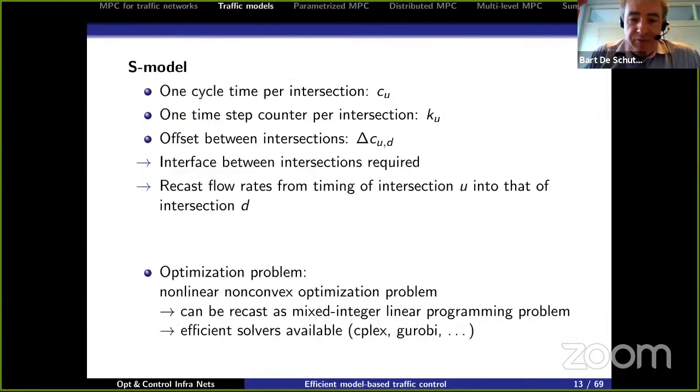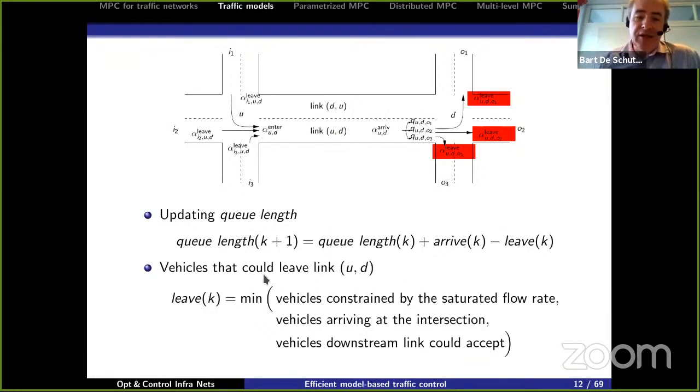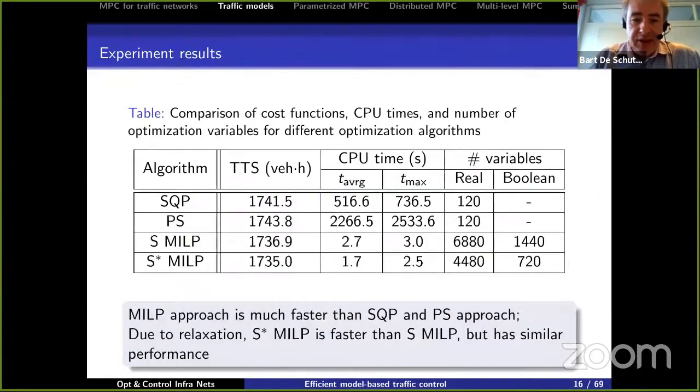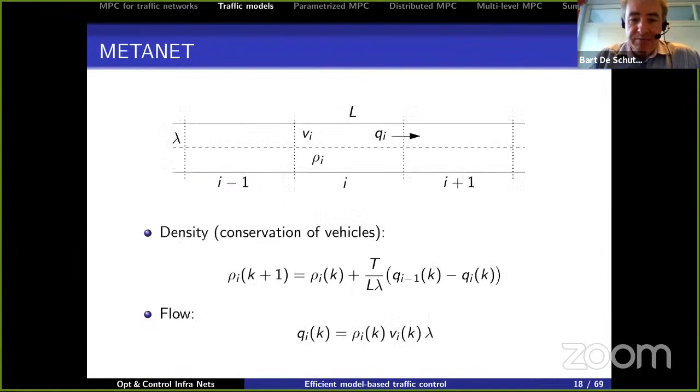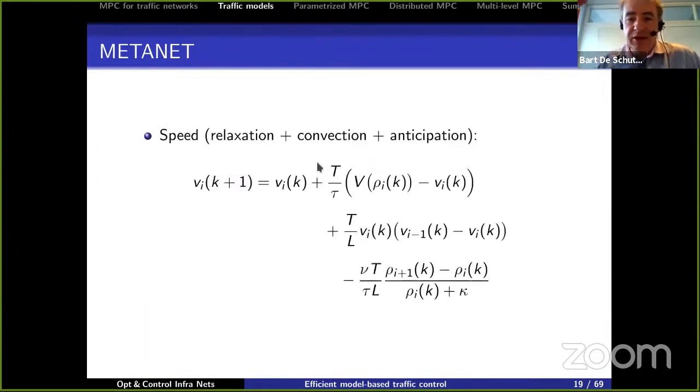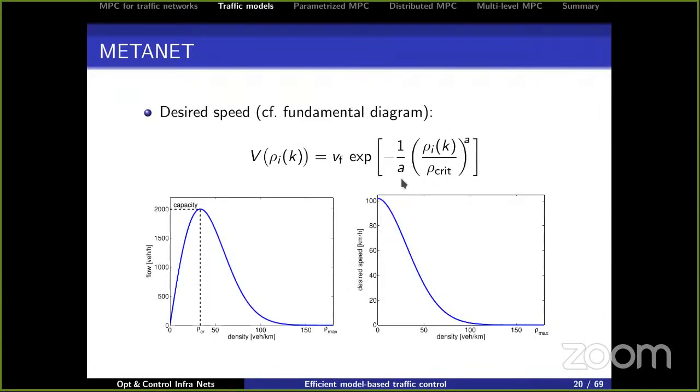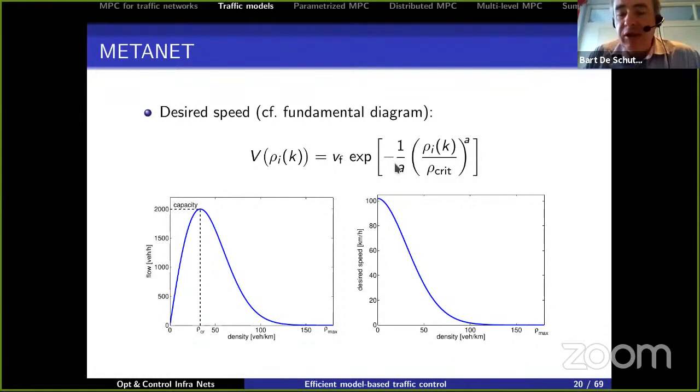In the S model, we have a nonlinear term. The same also holds for the METANET model, where we had this desired speed. So in this update equation you see a nonlinear term, here you see a nonlinear term, and the same also holds for this. So typically you would be dealing with nonlinear models, and that makes Lyapunov function approaches more difficult.